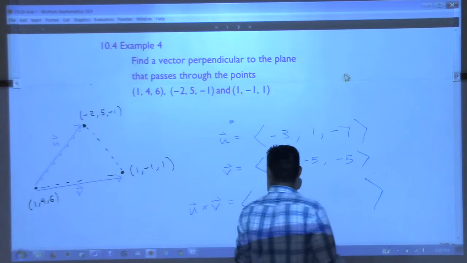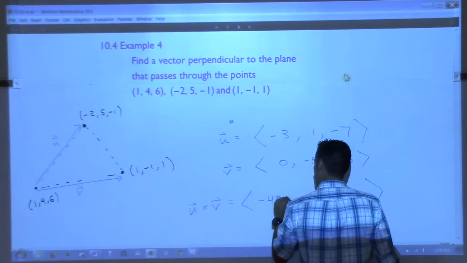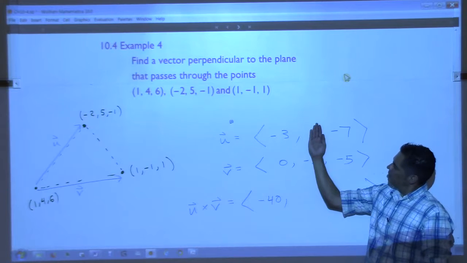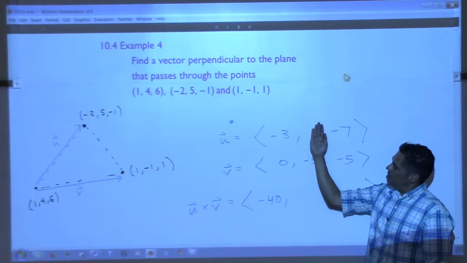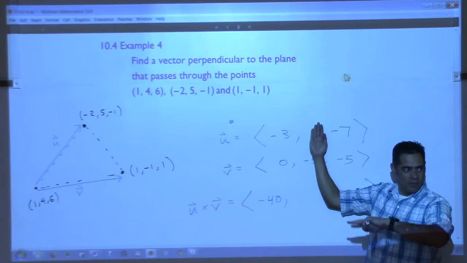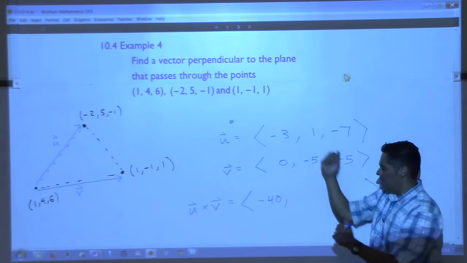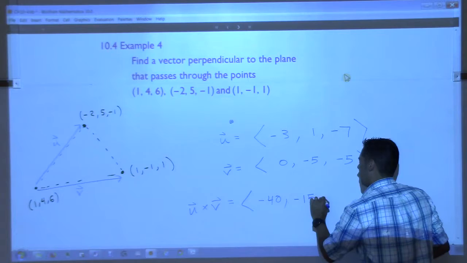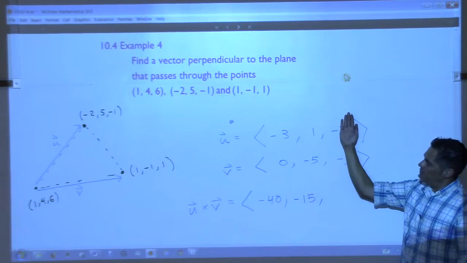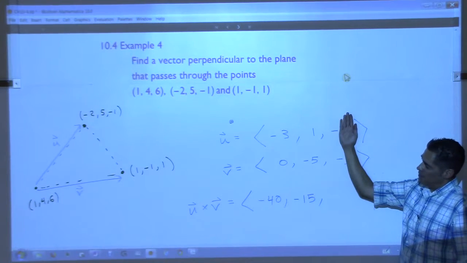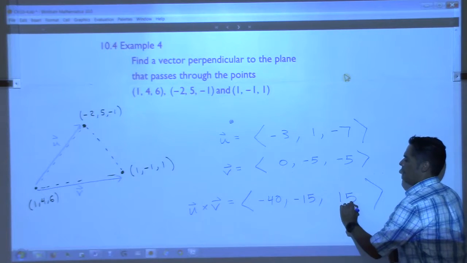So -40. Cover up, 15 minus 0, but then you have to change the sign. So -15. And then this last one, 15, take away nothing. So 15.